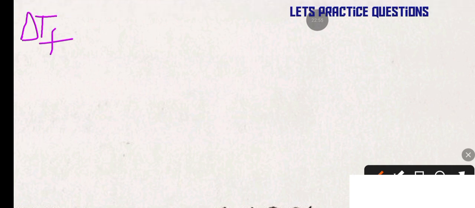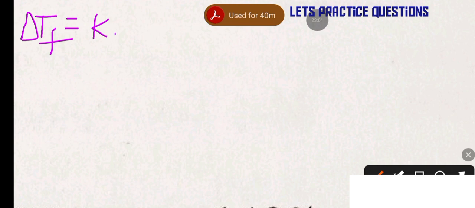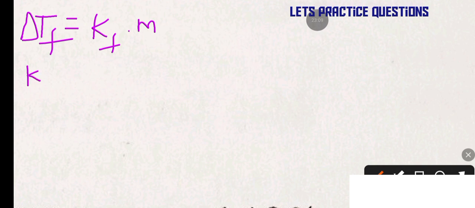Let's solve the question, that is del Tf equal to cryoscopic constant, that is Kf, and molality. Here we have to calculate the cryoscopic constant, that is Kf. Here Kf is equal to depression in freezing point divided by molality.